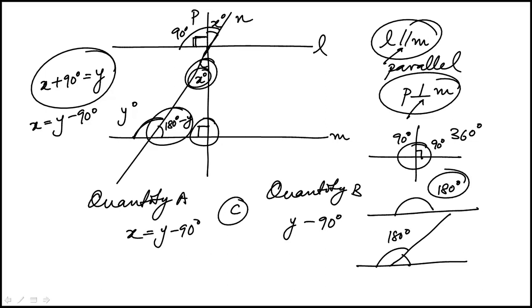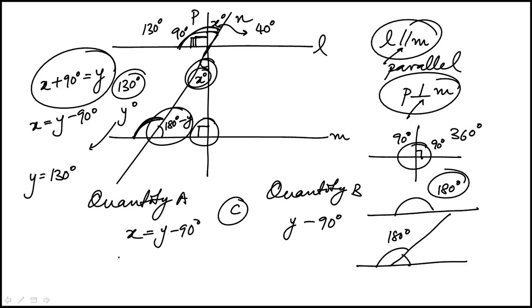The other approach is to pick values. So I could pick, say, Y is 130. That tends to be a little bit easier, but you have to make sure that you pick strange enough numbers that they don't accidentally become equal. So if Y is 130, then we would say, okay, this is 130. And then we would say that's 90, which means X is 40.